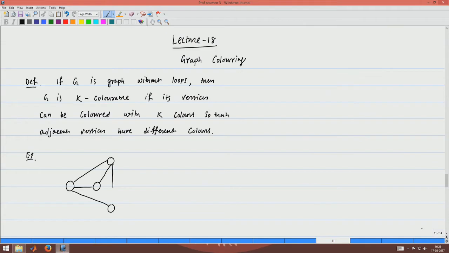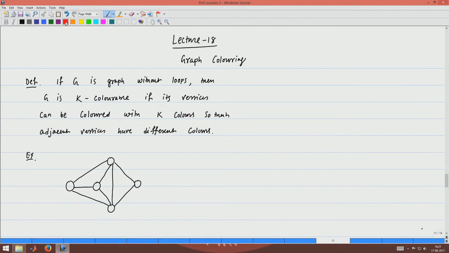This is an arbitrary graph, and I want to color them with minimum number of colors, of course. That is the optimization problem here.